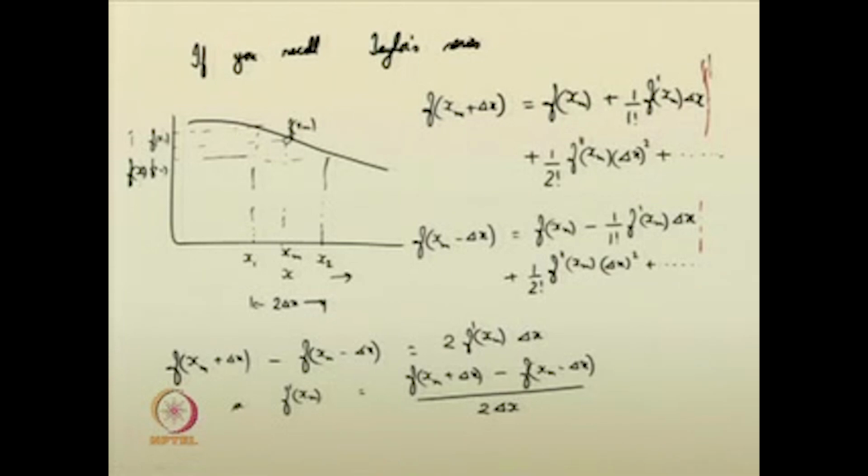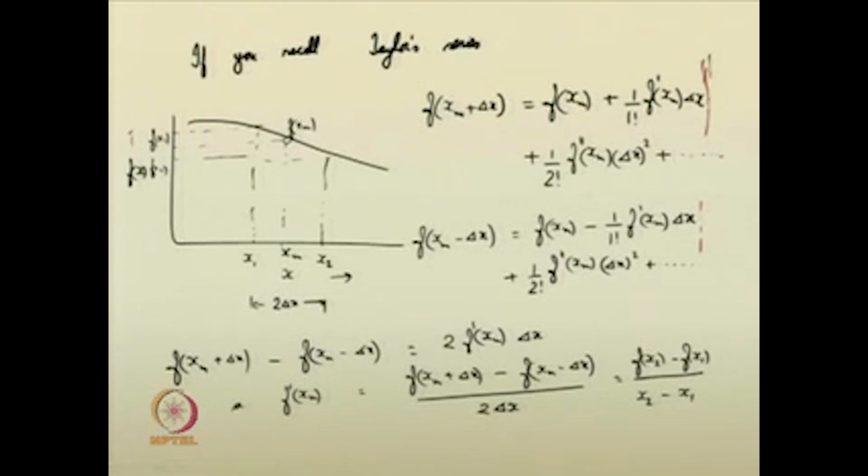What is f of x m plus del x according to this graph? It is f of x 2, and f of x m minus del x is f of x 1. Like that, I can write it in the following form, f of x 2 minus f of x 1, and 2 del x is nothing but x 2 minus x 1.